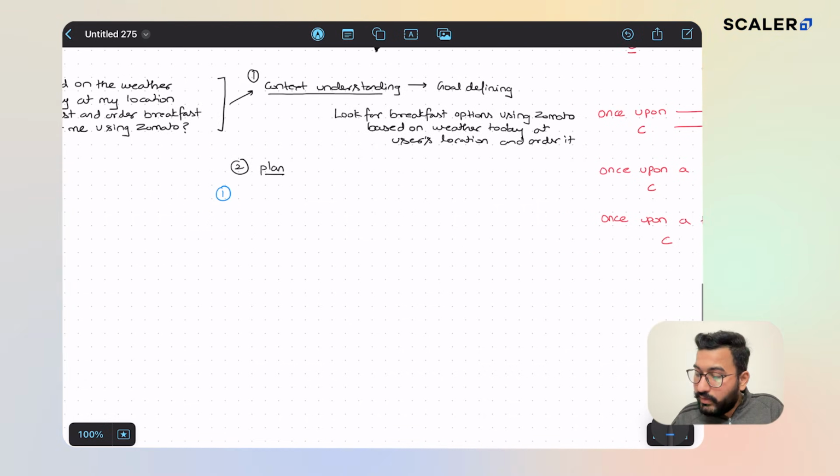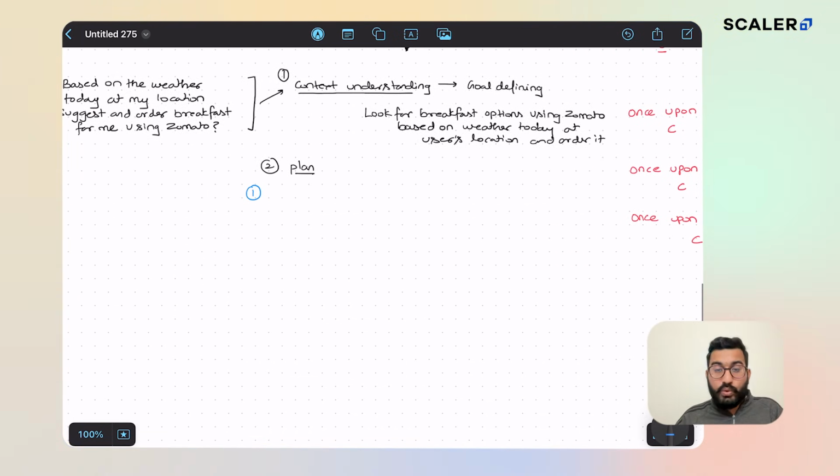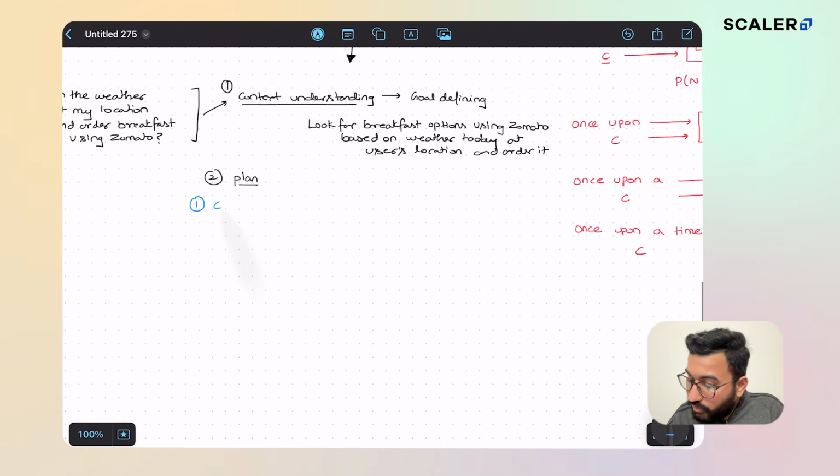So first of all, ChatGPT has to check the location of the user.